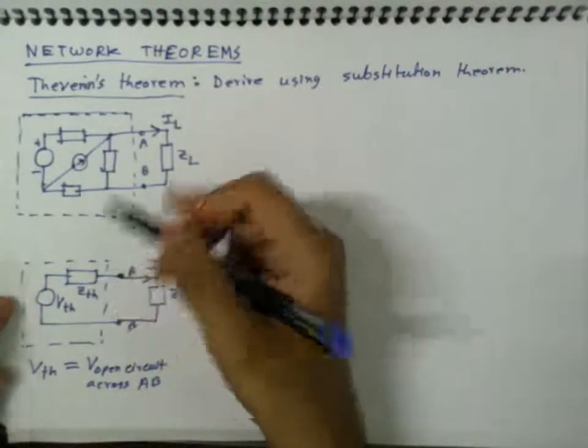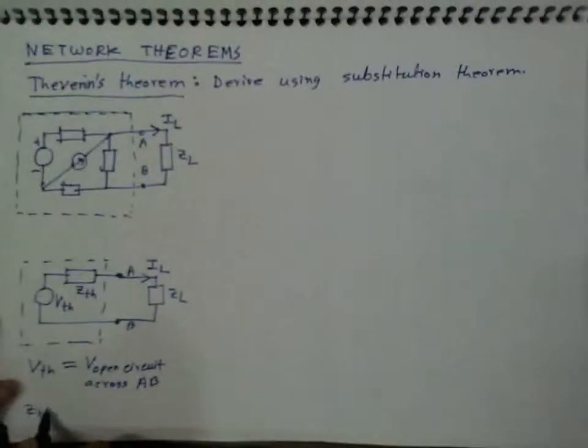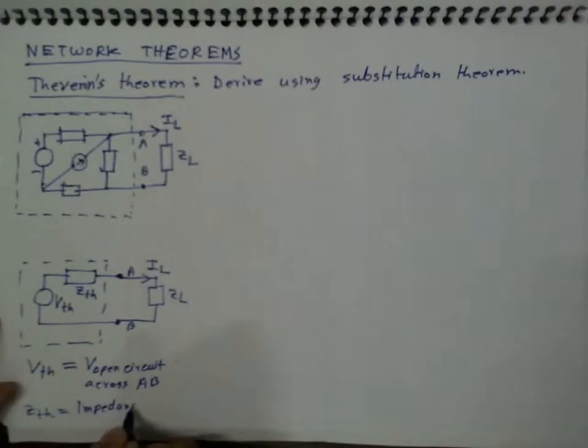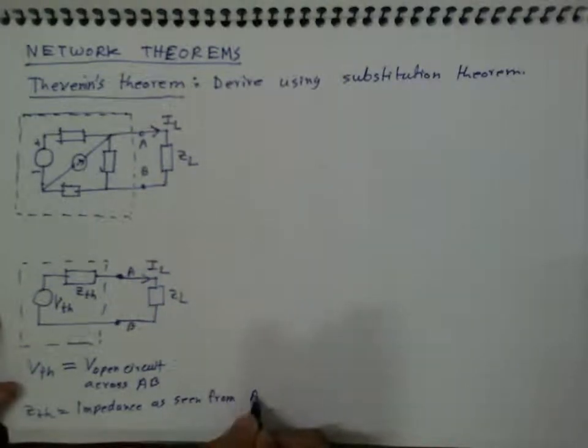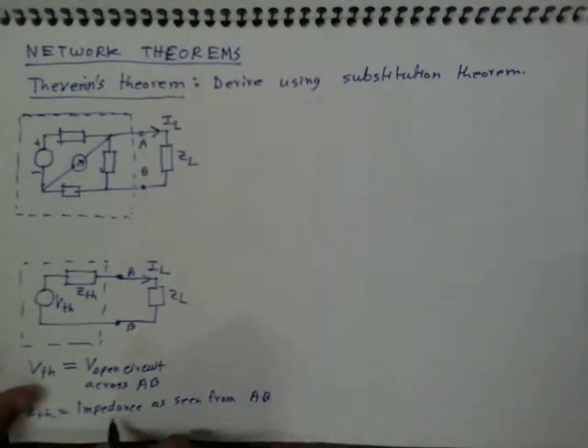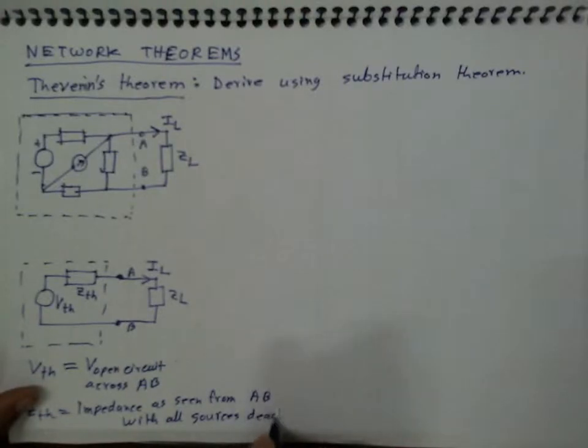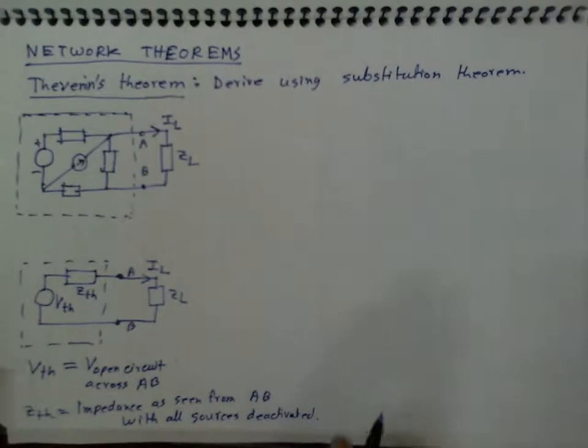And what should be ZTH? It is the impedance as seen from terminal or port AB with all sources deactivated. What does that mean?